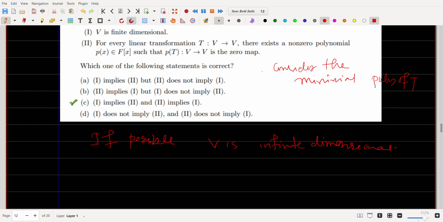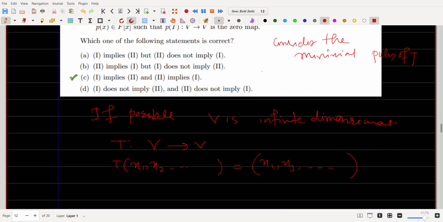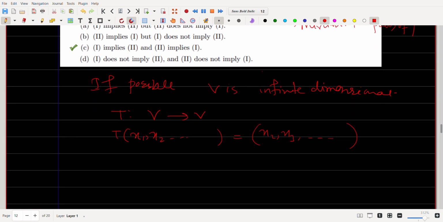Then you can always consider a linear map T from V to V, say T of (x1, x2, ...) to be (x2, x3, ...) and so on. The left shift operator. Now it is your work to check that T doesn't satisfy any polynomial.